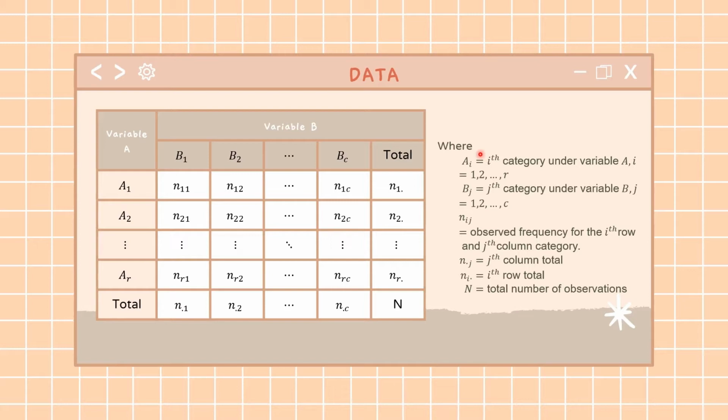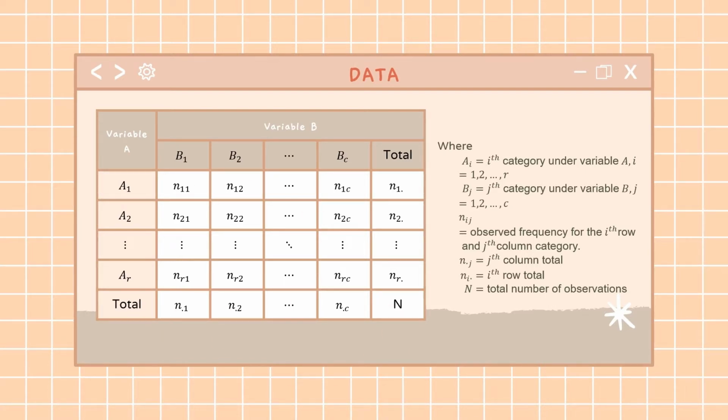Tapos meron rin tayong mga totals dito na n sub i dot for the ith row total and n sub dot j for the jth column total. And we have big N denoted to be the total number of observations or total frequency dito sa loob nito.